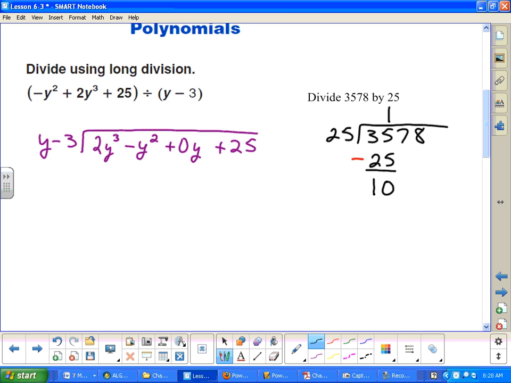Well, we're going to do the same thing with polynomials. The only difference is that instead of using y minus 3, we're going to focus on the y. So our focus is going to be here when it comes to determining how many times it goes into something.